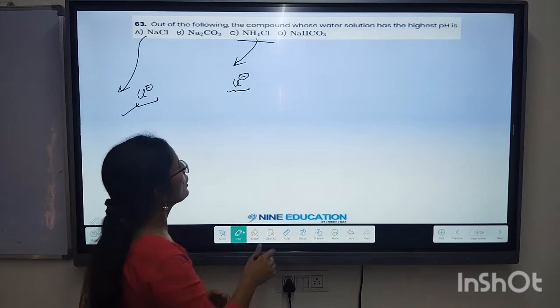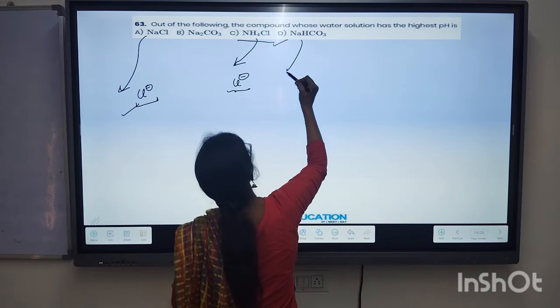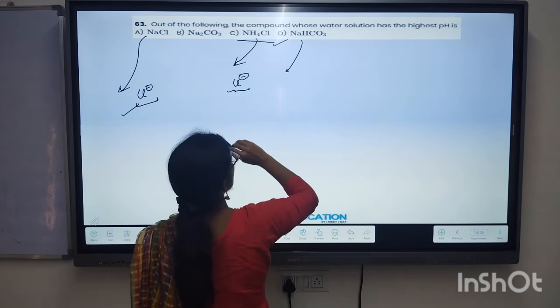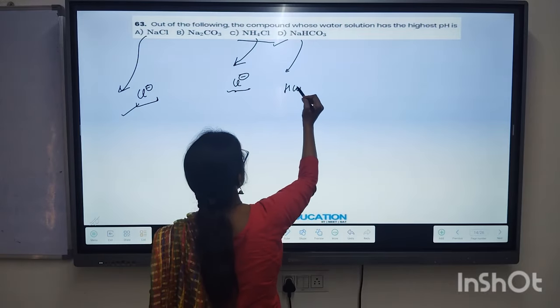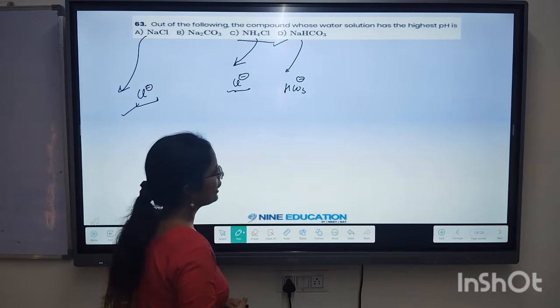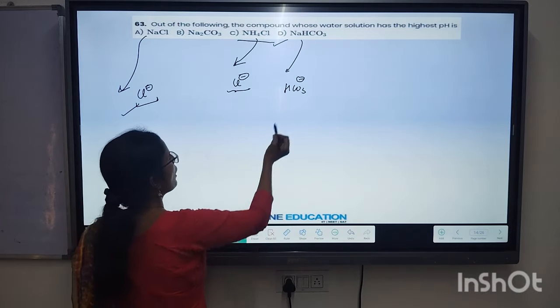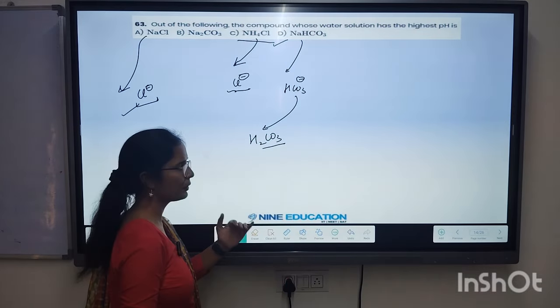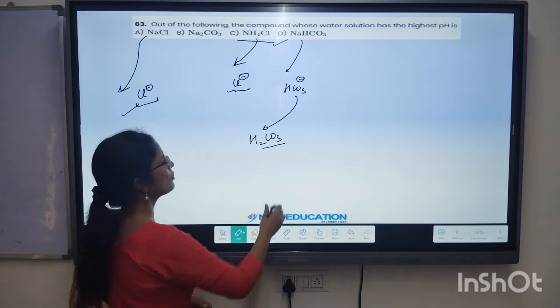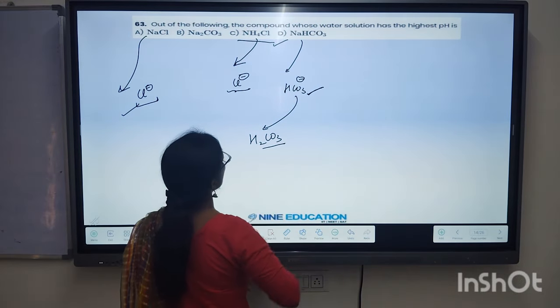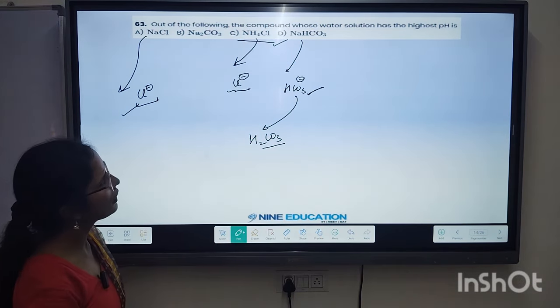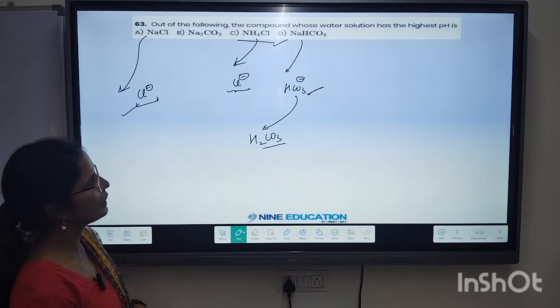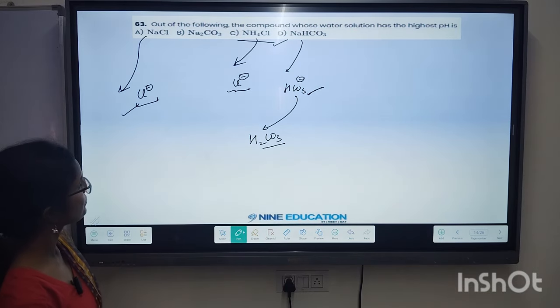Coming to option D we are having NaHCO3. In NaHCO3 we are having what? HCO3 minus, and what will be the conjugate acid of this? It will be H2CO3. H2CO3 is comparatively a weaker acid, so HCO3 minus will be a good base, and that's the reason D will be a basic solution only.